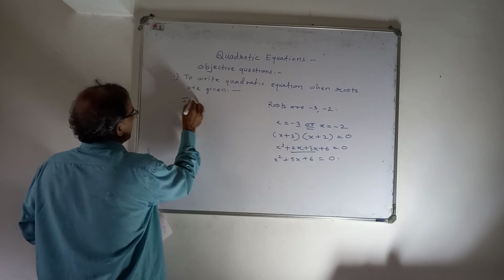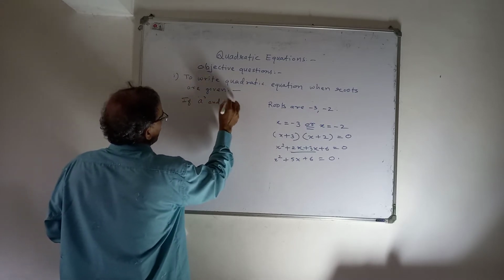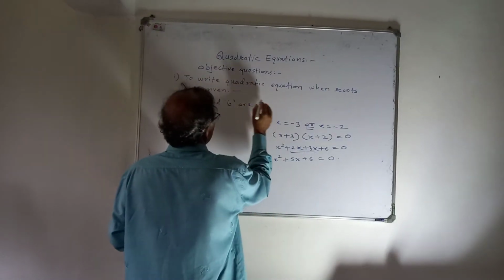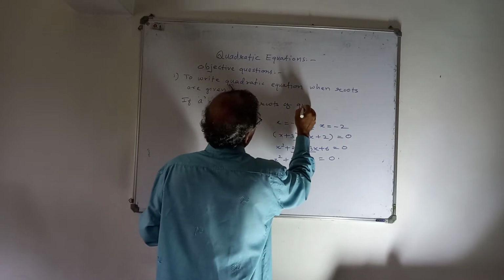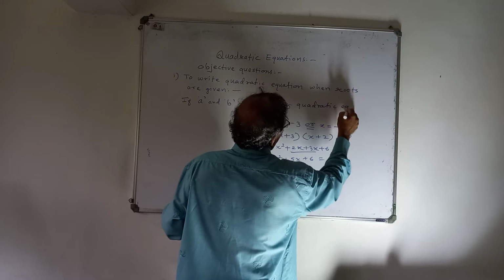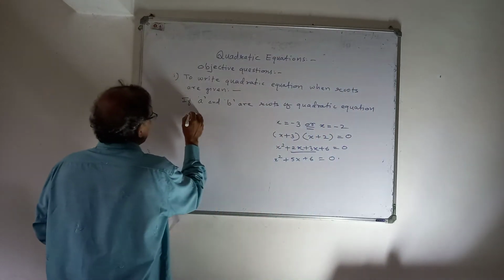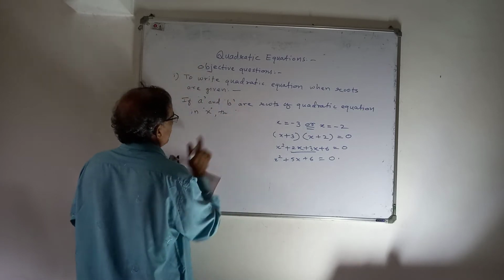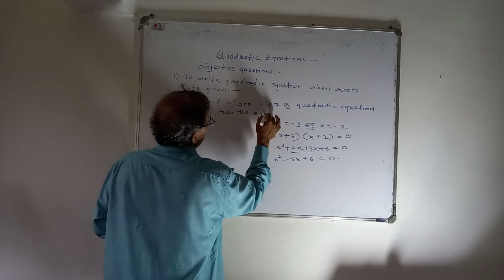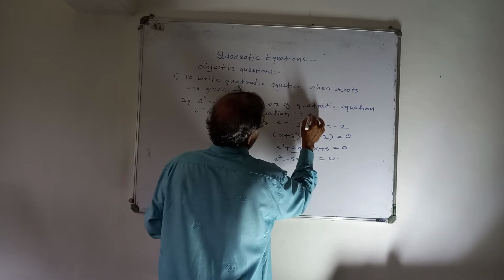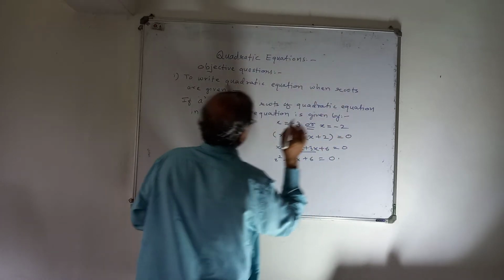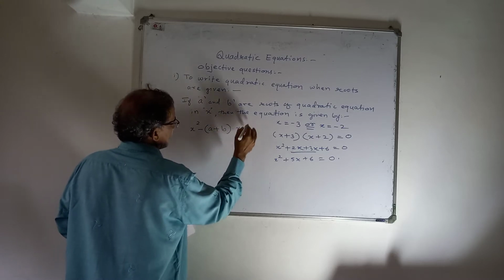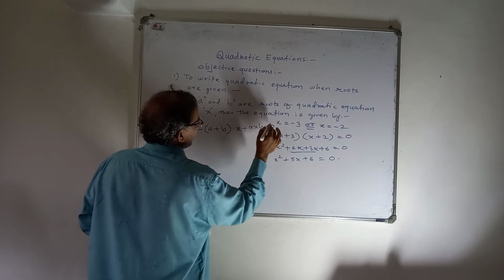If a and b are roots of a quadratic equation in x, then the equation is given by x square minus (a plus b) into x plus a into b is equal to 0. This is the formula.